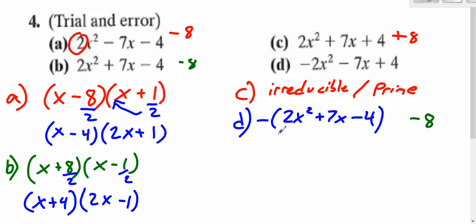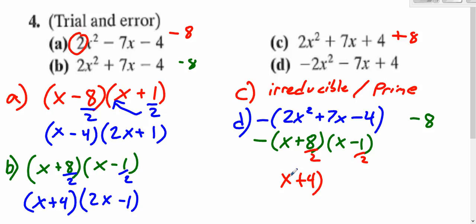So multiply to be -8, add to be 7. +8 minus 1, so that negative out front. You got to do the bottoms up trick, so divide by 2, reduce it. With the negative out front.